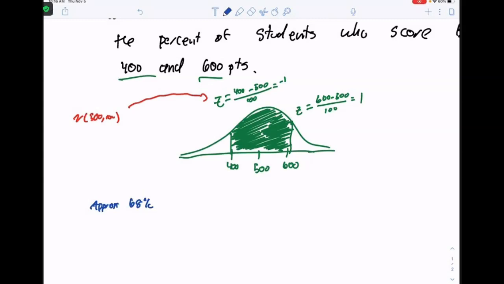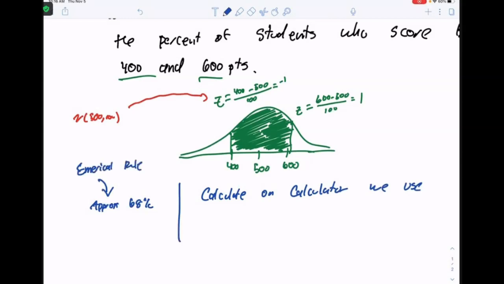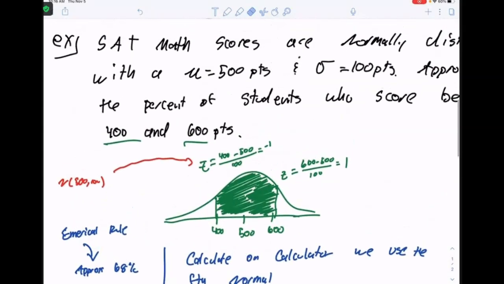So I want to show you how to get the 68% using a calculator. We got this one by using the empirical rule because it's perfect. But to calculate on the calculator, we use the function normal CDF.